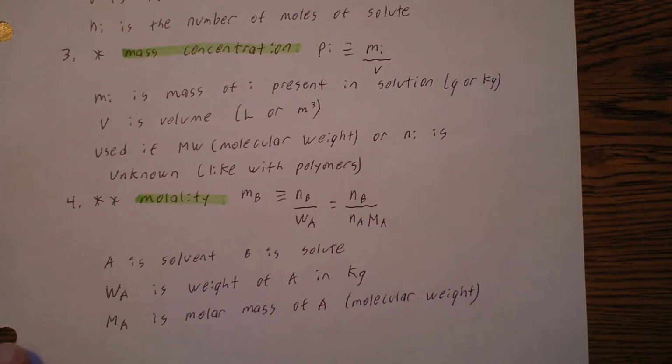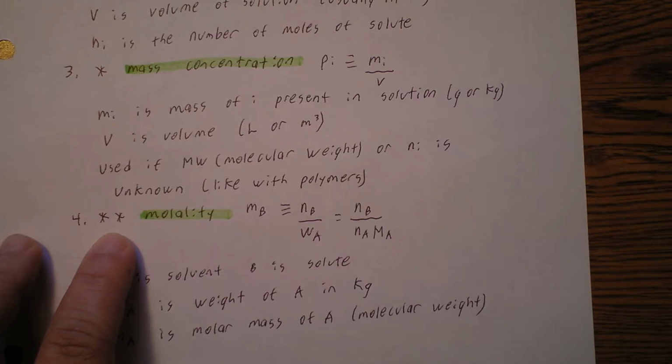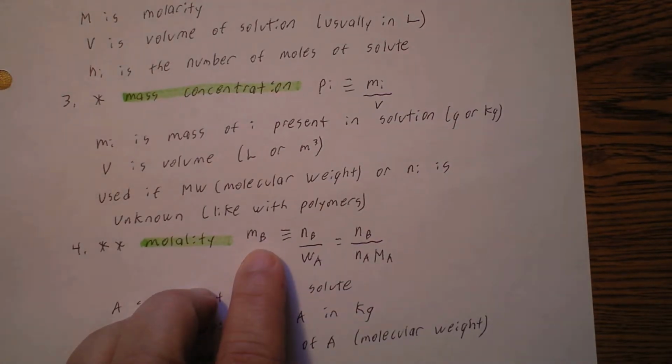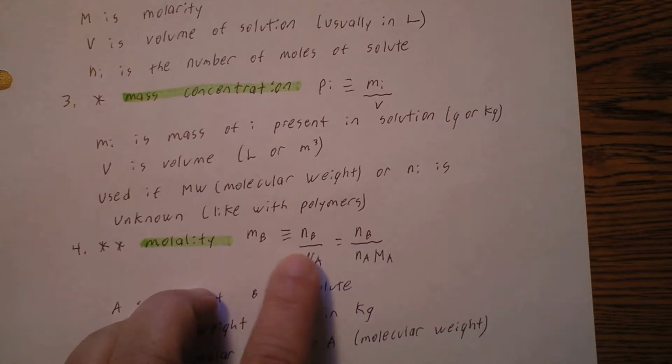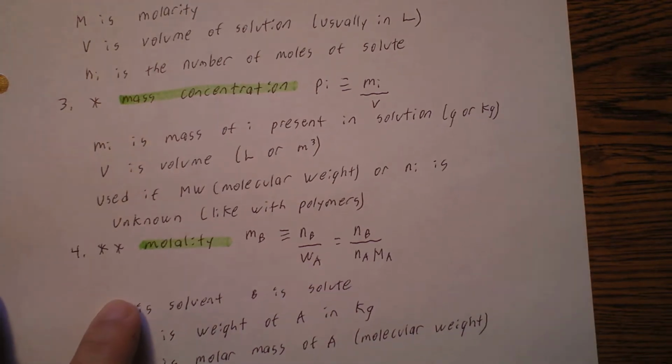Another way to measure concentration is the molality. Molality, two stars, so remember that's temperature independent. The molality, not to be confused with mass, of substance B is the number of moles of substance B divided by the weight of A, where A is the solvent.